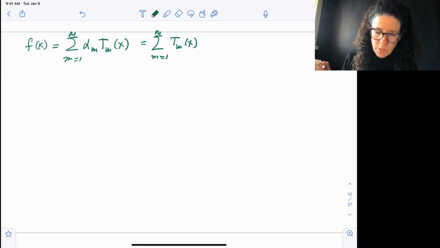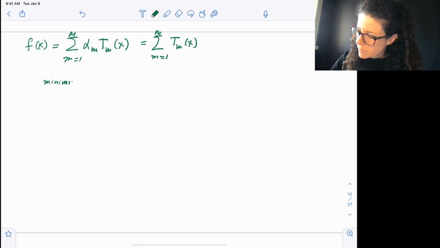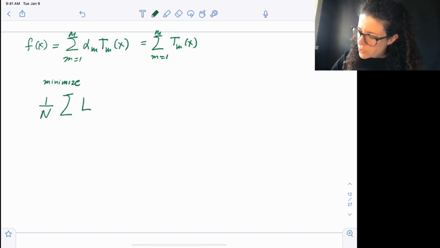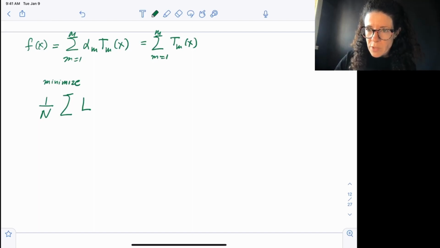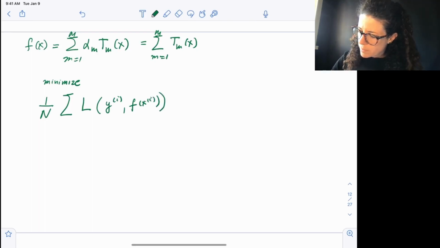So basically what we're trying to minimize is this. We have a loss function that could be any loss function, and we are trying to minimize the average loss with respect to our training data.